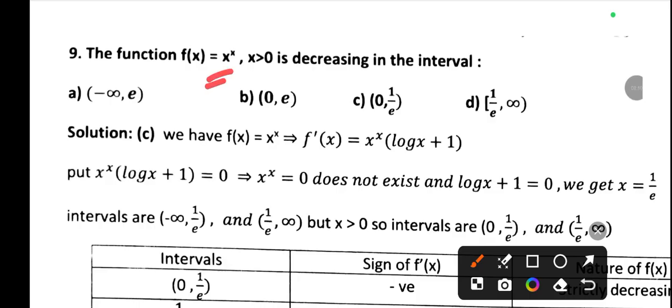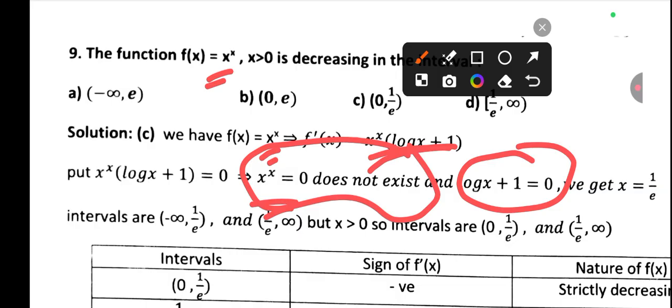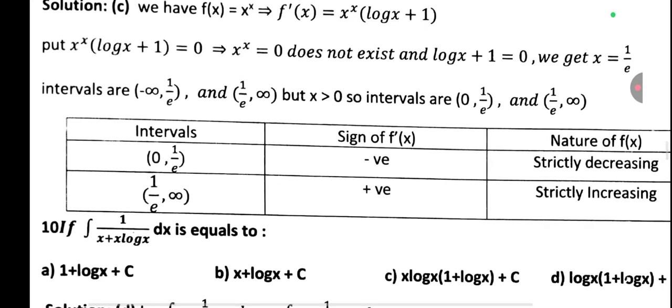Children, the logarithmic function, they may say it's deleted, but it is better you learn. f of x equal to x power x. Do the differentiation, taking log on both sides. f dash of x is x power x into log x plus 1. Equate with 0. x power x 0 does not exist, you can't say x power x is 0. So log x plus 1 equal to 0 now. You will get x equals 1 by e. So split the interval: 0 to 1 by e, and 1 by e to infinity.